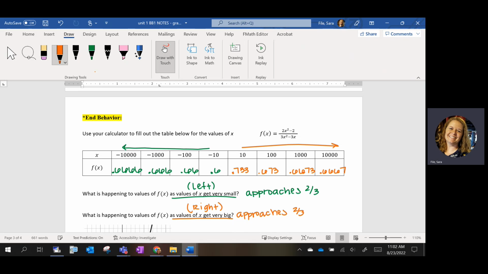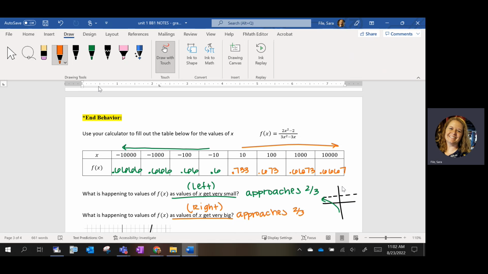Okay, so to help you get a visual, we can sketch that. Bless you. Okay, so let's say 2/3 is here. The left side of my graph is approaching 2/3 from underneath. It's coming up to 2/3 like this. The right side of my graph is approaching 2/3.